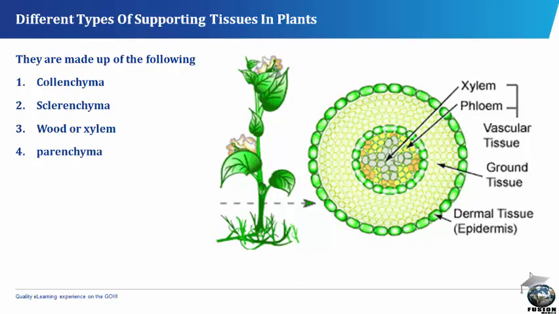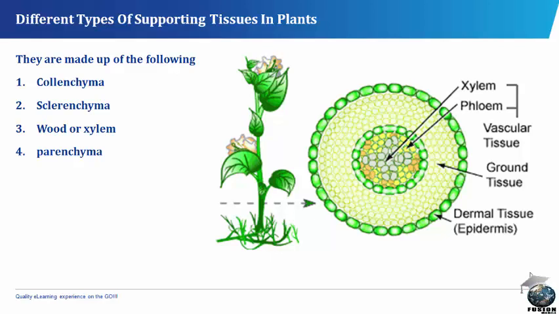There are different types of supporting tissues in plants. 1. Collenchyma. 2. Sclerenchyma. 3. Wood or xylem. 4. Parenchyma. The collenchyma. Their thickness is about 3 to 4 cells. They are small, tightly packed cells and are thickened at the corners.